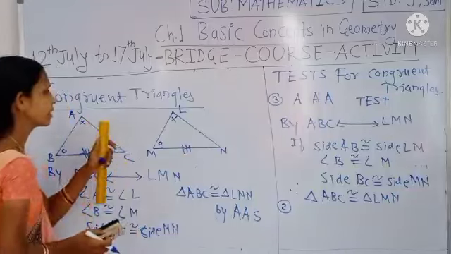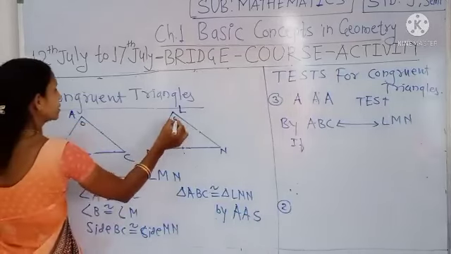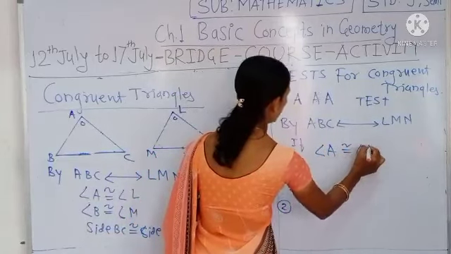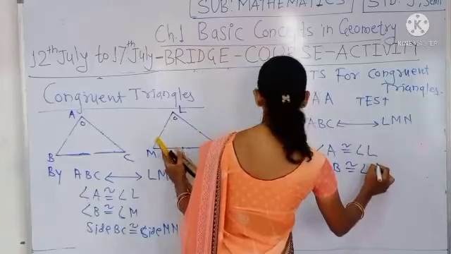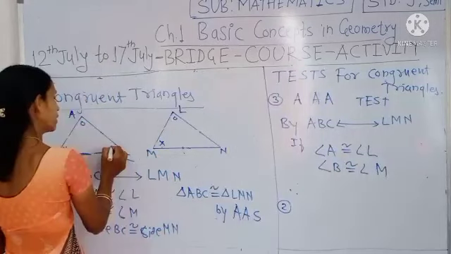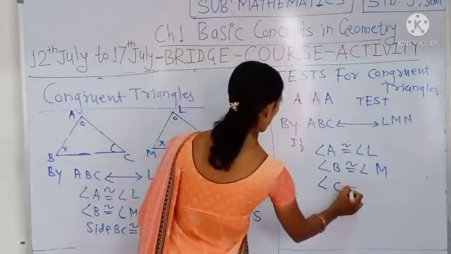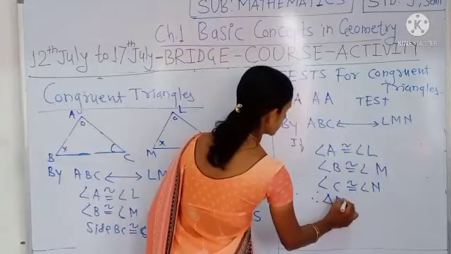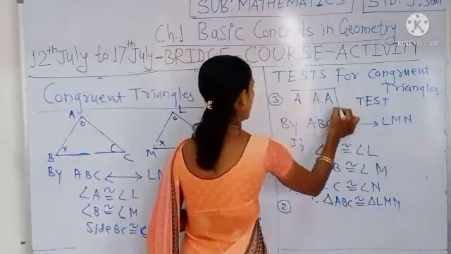By this test, if three pairs of corresponding angles are congruent, that means angle A is congruent to angle L, angle B is congruent to angle M, and angle C is automatically congruent with angle N. Therefore, triangle ABC is congruent to triangle LMN by the AAA test.